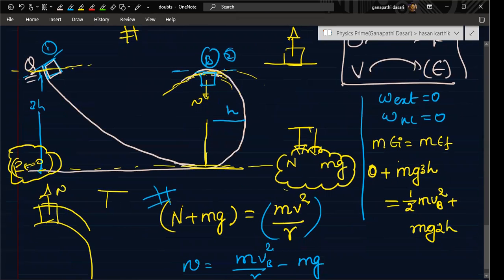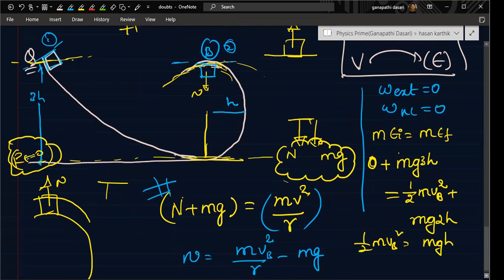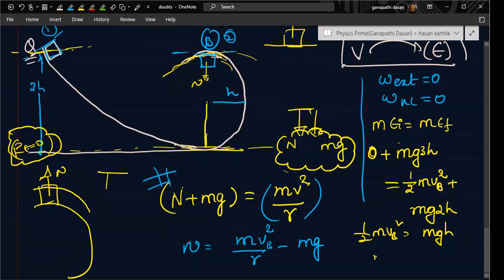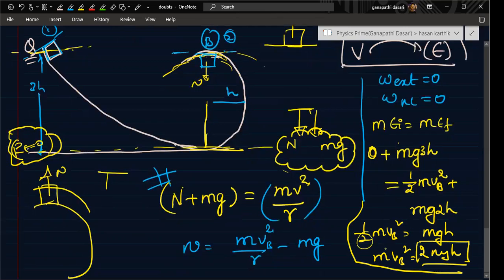So here half m vB square will be equal to mg into 3h minus mg into 2h. Now m vB square is equal to 2mgh, right? You accept this?